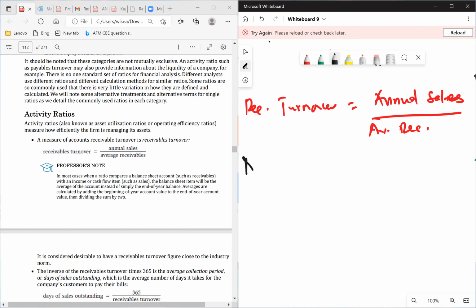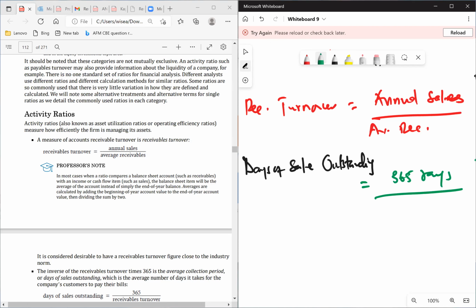Now, you also have to be aware of the days of sales outstanding. That means how many days it is taking us to collect what we have sold to customers. For that one, you take the 365 days and divide it by the receivable turnover.